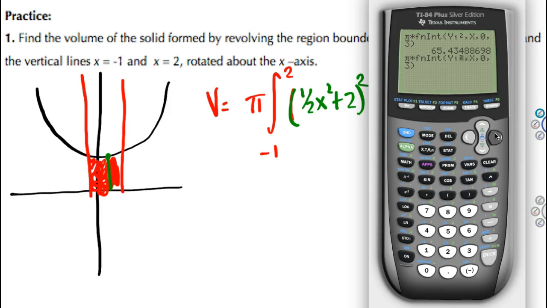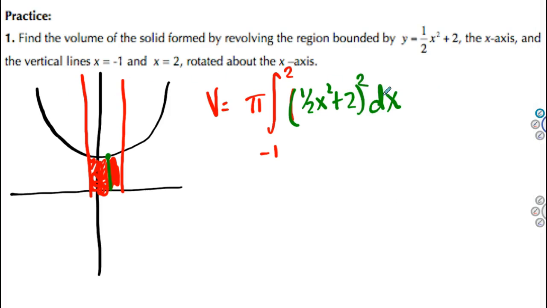Y1 again is my radius squared in terms of x, but this time negative 1 to 2. And I got 61.732. So this is approximately 61.732. Always 3 decimal places.